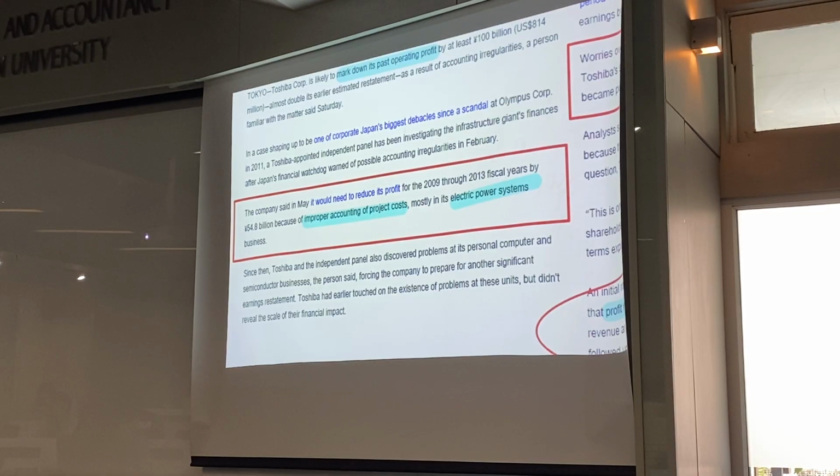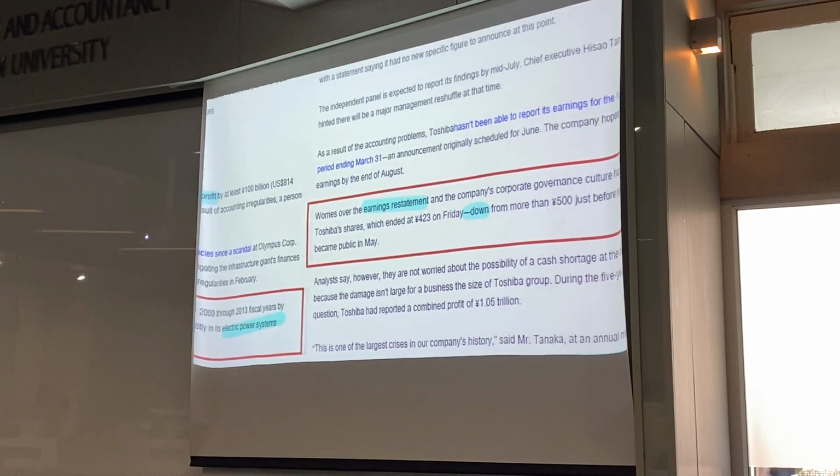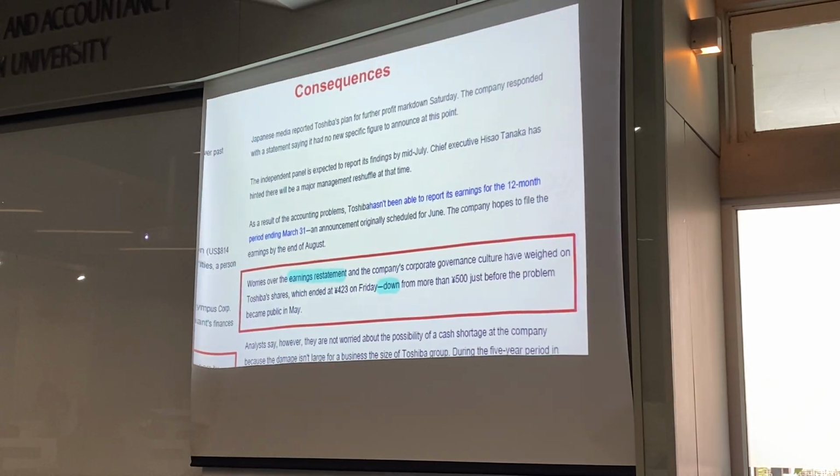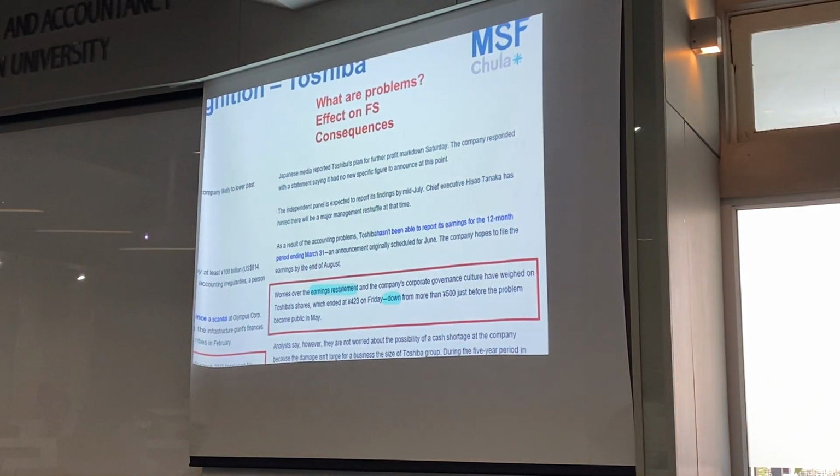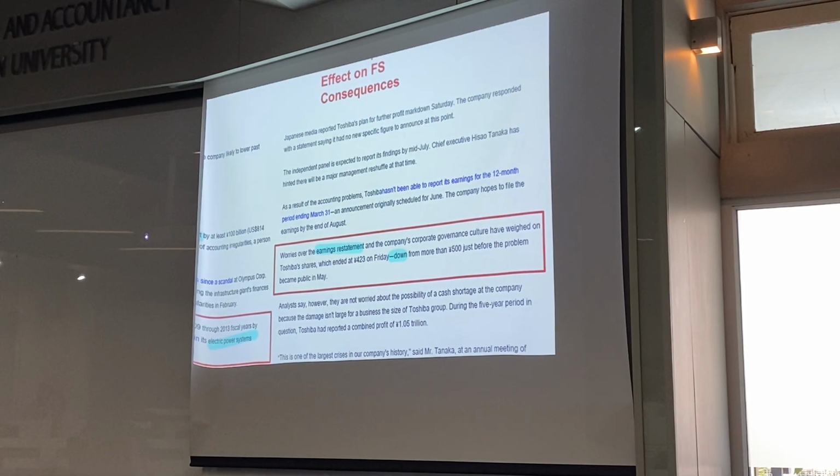So what's going to be the impact if the company makes this kind of scandal? We can see that there will be an effect on the financial statement numbers, right? The profit has to be reduced for sure, and it also draws attention, and it impacts several stakeholders. Like you have the investor, right? Investors lose trust in the company's financial numbers.